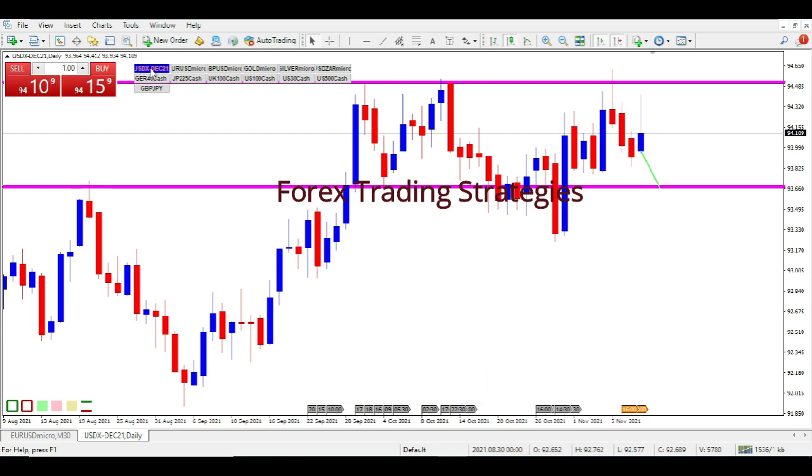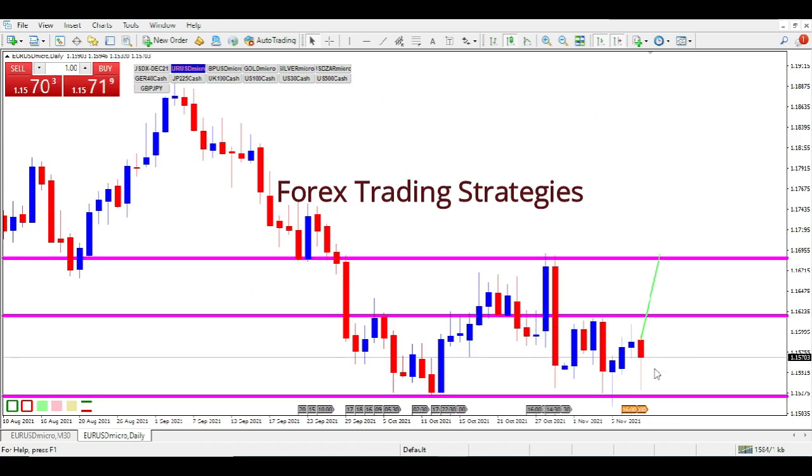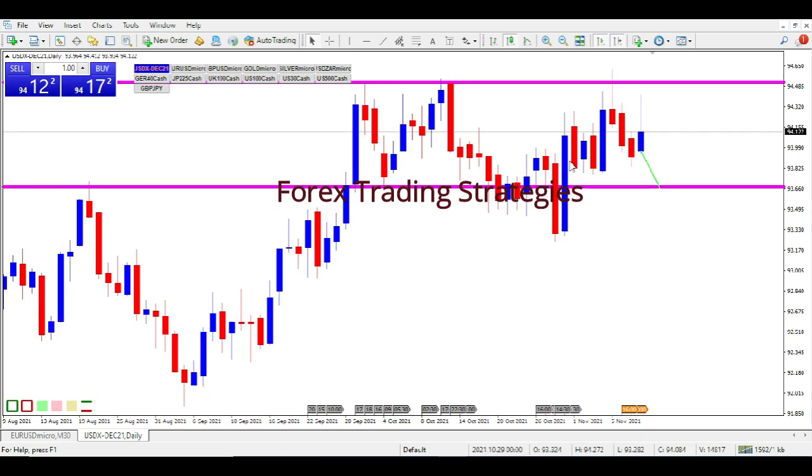Whatever the dollar index will be doing, like here, it's retracing, definitely Euro USD will be doing the opposite. Look at this massive bearish candle. Let's see if it's there on the dollar index. We have a massive bullish candle.